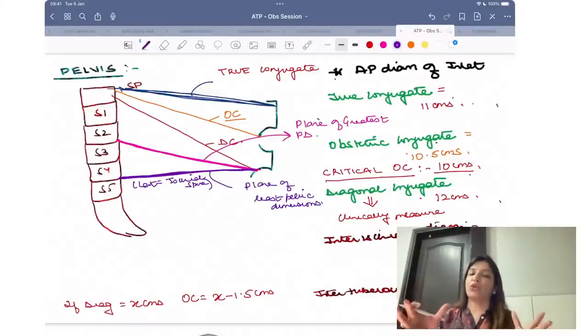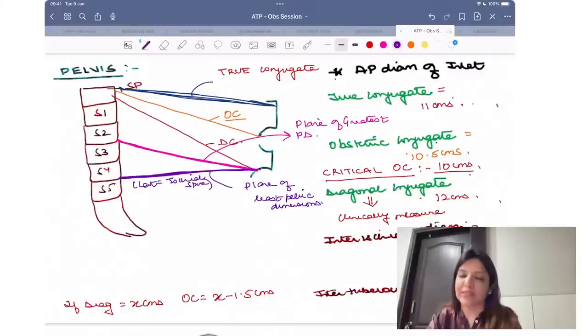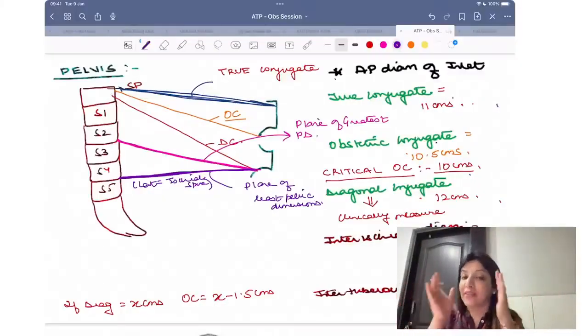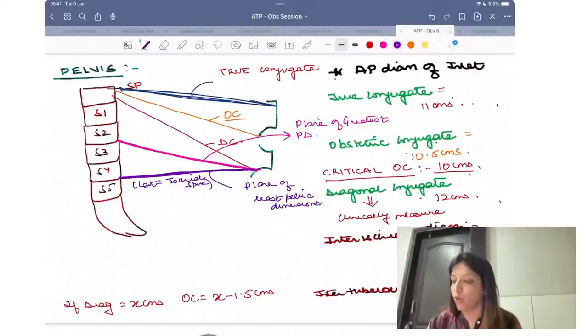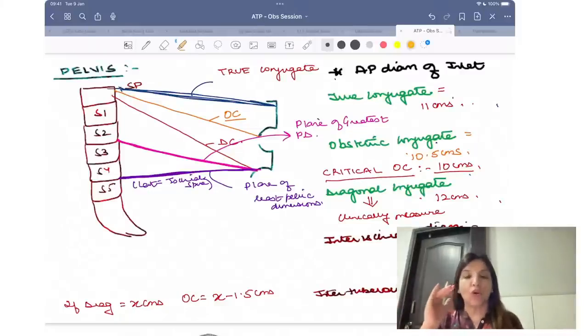So all of you close your eyes quickly. Posteriorly imagine S4 S5, in front imagine the pubic symphysis, on the sides imagine the ischial spine. That is the plane of least pelvic dimensions, right? Now I want all of you, because this was a previous year NEET question and definitely this can be asked in your FMGE exam, to imagine the plane of greatest pelvic dimensions.